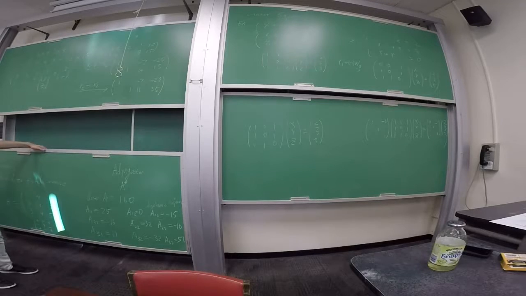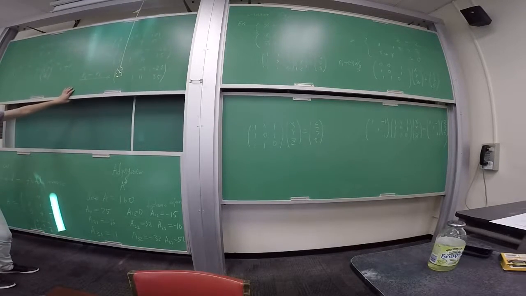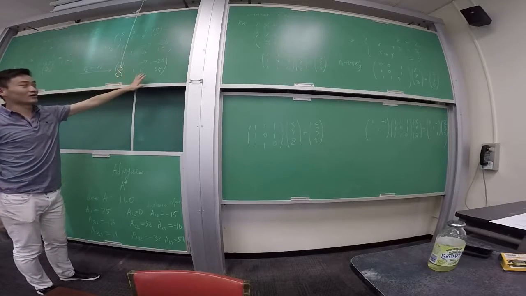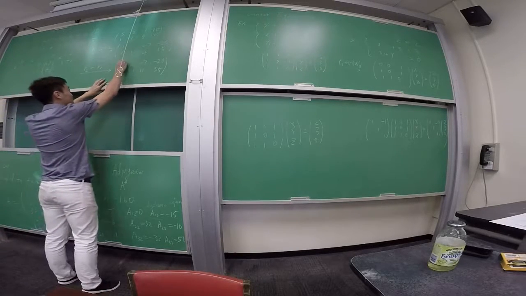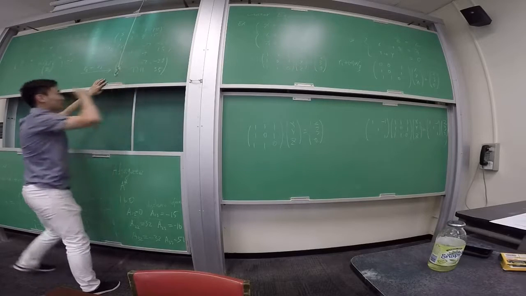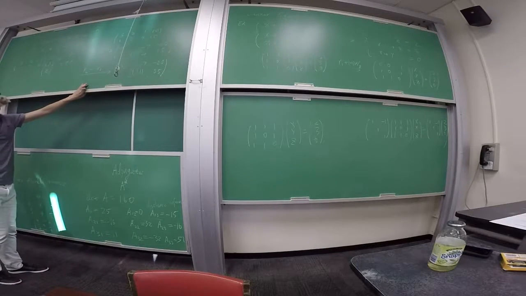So this looks like 1, 1, 2, 3. Okay. So this is the reduced row echelon form, right? These are the leading ones, and then you got those numbers.